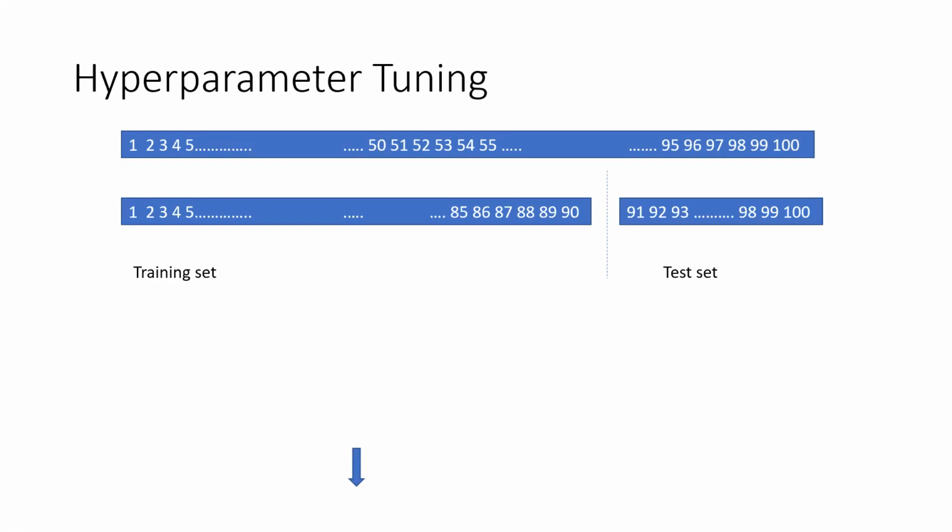Now you see a line there between train and test set. This line is to signify that you will not have access to the test set. In the previous slides, whenever you hear the word test set, it means that that data is not accessible to you.